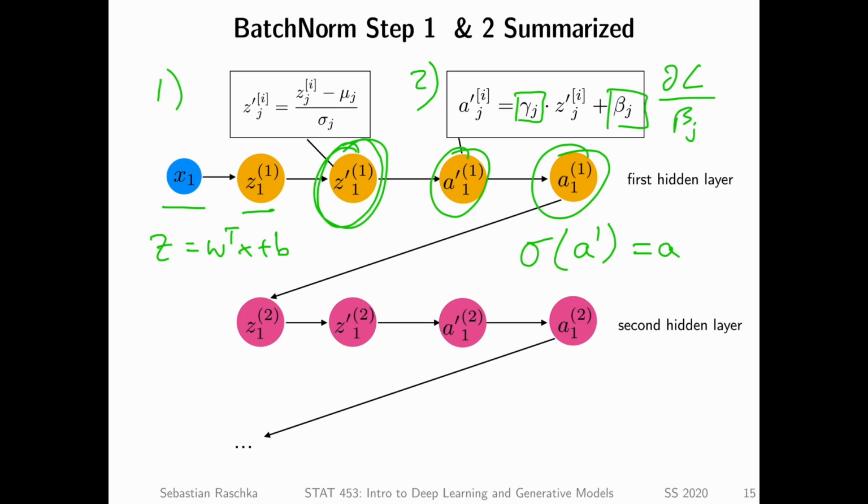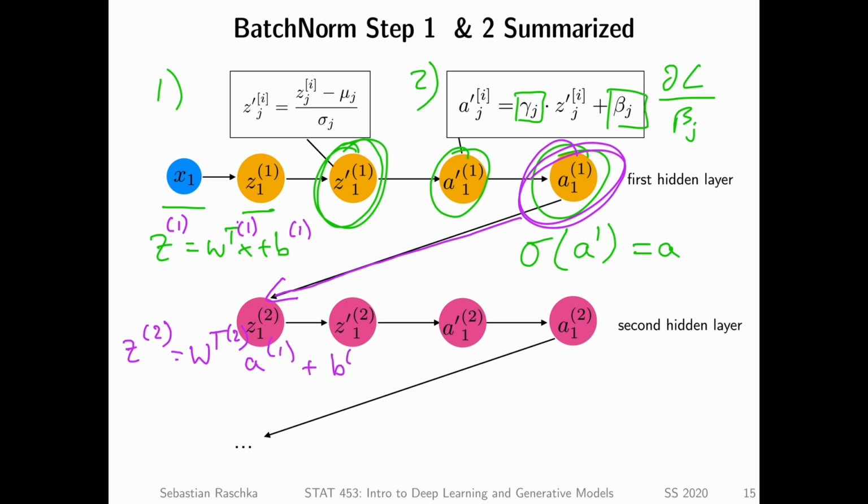But then, like in a normal neural network, this activation A goes to the next layer. So the next layer again computes, so this is, let's say, Z1, and then Z2 would be again the weight at the second hidden layer, so let's put a 1 here, 2 here, times A1 plus B2.